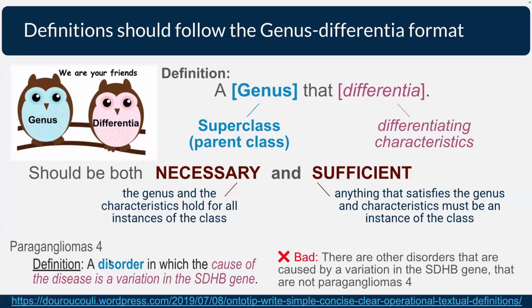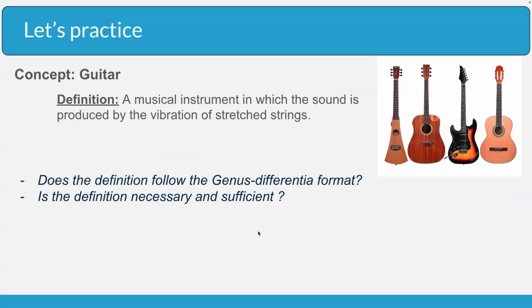So we would probably have to change that it is a disorder. Maybe we need to be more specific, but it is this very specific disorder, so it is a neoplasm, or we would have to add more information saying it has this very specific variation in the specific gene. So genus differentia, making sure that they're all both necessary and sufficient.